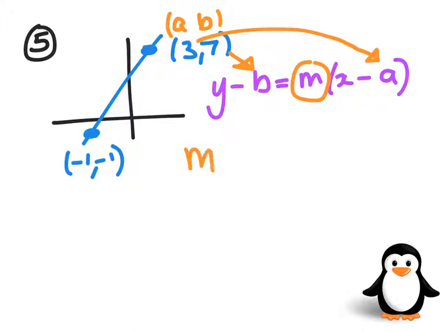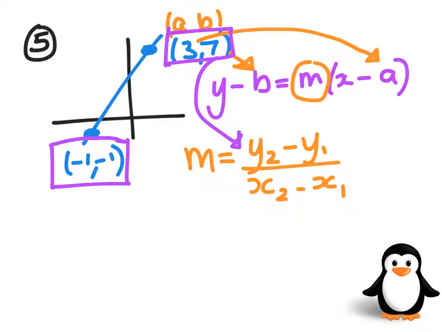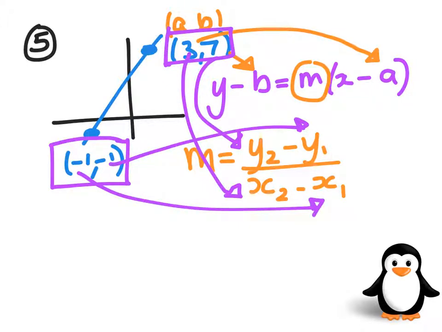Well, if you remember back, we've got a little formula which says m equals y2 minus y1 divided by x2 minus x1. Okay, so from your points here and here, we're going to use these in the formula. So the 7 goes in here, the 3 goes in here, the -1 goes in here, and the -1 goes in here.